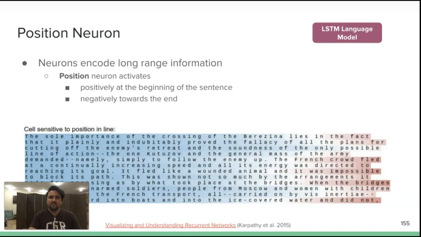One of the earliest works on analyzing and interpreting neural NLP models was done by Karpathy et al., who found some really interesting language properties captured by the neurons. For example, here is a neuron that is capturing the position of a word in the sentence. It activates positively at the beginning, becomes neutral in the middle, and then starts activating negatively towards the end.